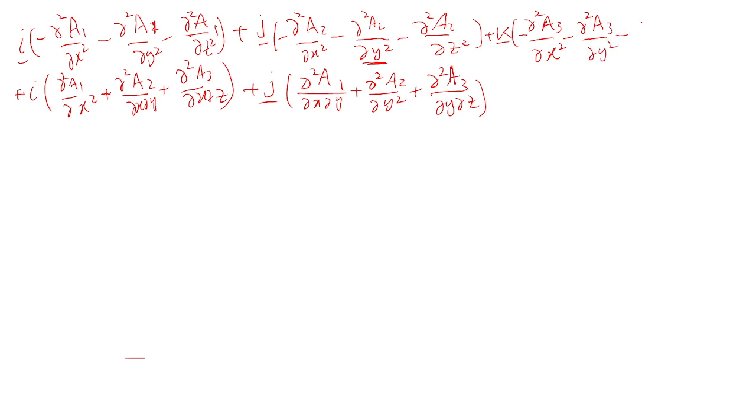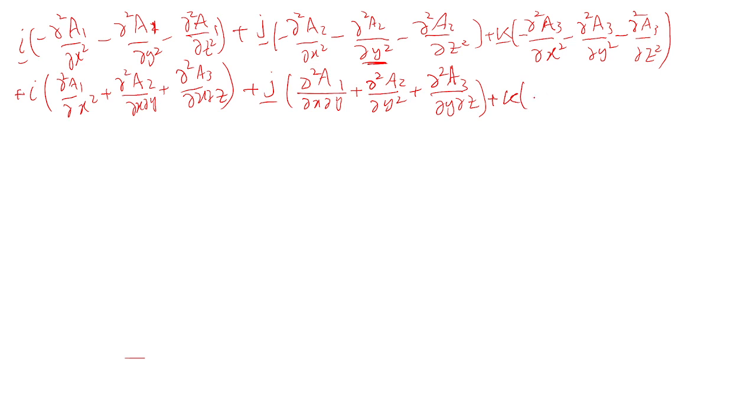So I will subtract a partial square a3 partial z square over here. So this is extra term. I will add in the lower line.